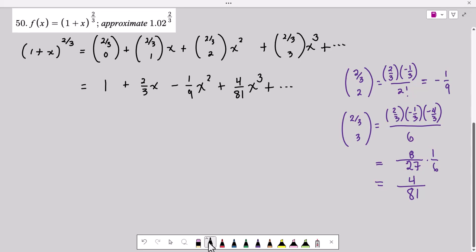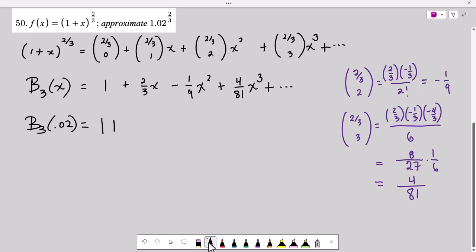So there is our binomial expansion. We call it b sub 3 if we wanted to. And now they're saying, okay, approximate 1.02 to the 2/3. So what's playing the role of x? 0.02.